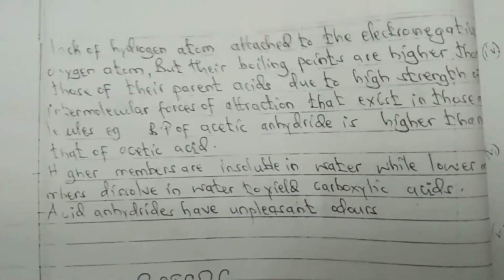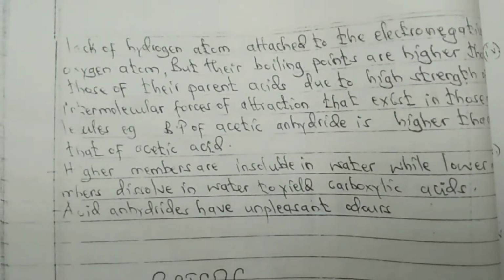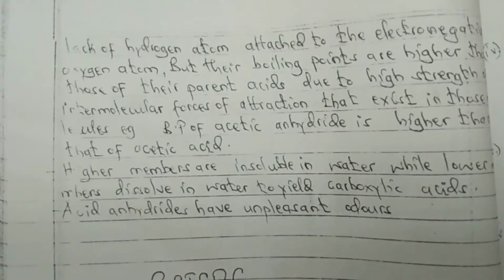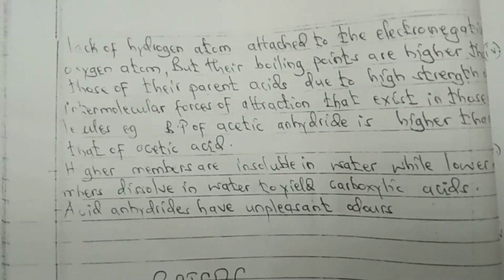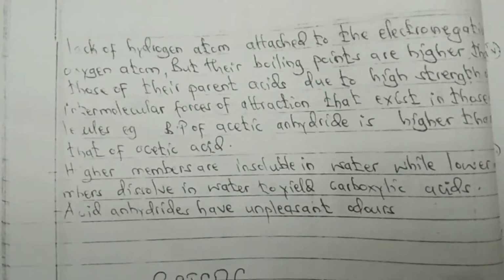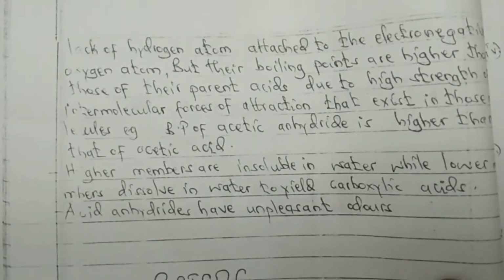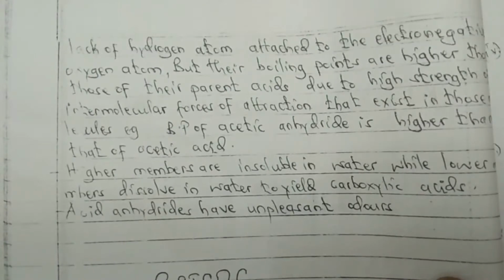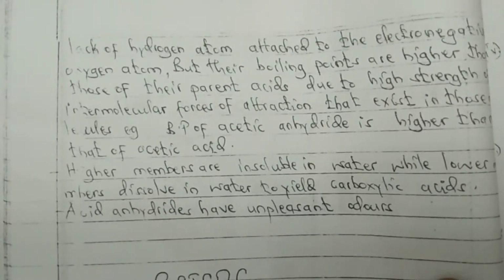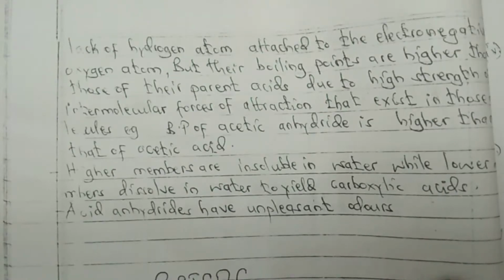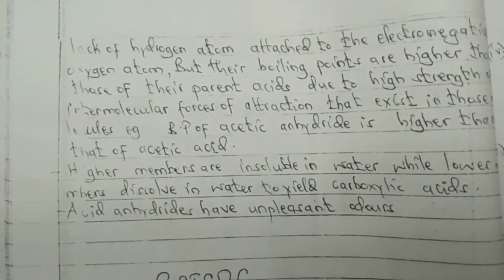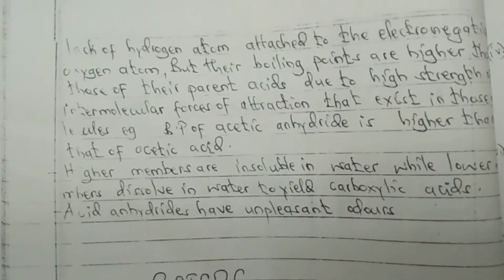So due to lack of hydrogen atom attached to the electronegative oxygen atom, hakuna hydrogen iliyo attached kwenye electronegative oxygen iliyo attached kwa carbon too, but their boiling points are higher than those of the parent acid due to the higher strength of intermolecular force of attraction that exists in these molecules, such as the boiling point of acetic anhydride is higher than that of acetic acid.